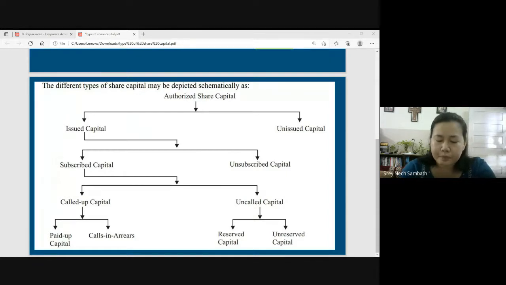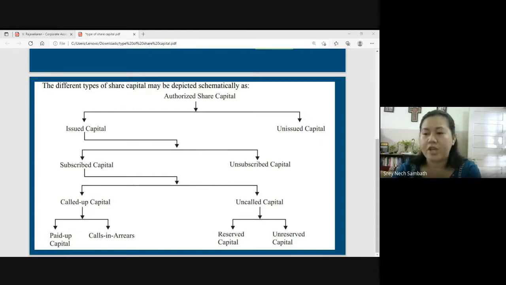Now you have filled up the application form, you want to subscribe, but you have not paid up. So for the part of subscribed capital which has been called up, the board of directors will decide to call the amount. For example, the share is 100 rupees per share, the face value, right?